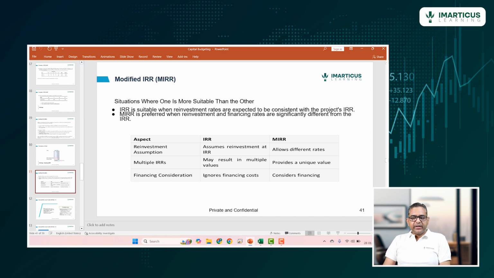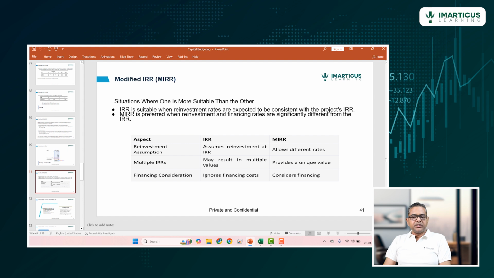So to compare it with IRR, IRR is suitable when reinvestment rates are expected to be consistent with the project's IRR. So that means when we expect the reinvestment rates to be the same as the project's IRR, when we can achieve that, IRR is a suitable measure of profitability.